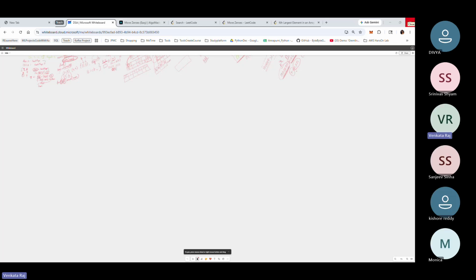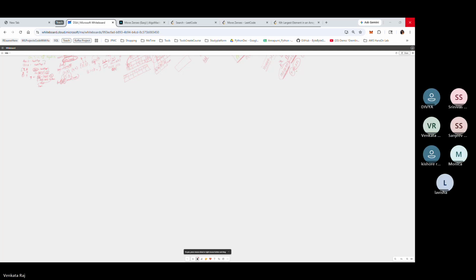Let's continue to see the advanced version of it, the optimal solution. In the last classes, there is an array which will have some zeros in it, and we will have to move the zeros to the end of the array, and the remaining should all be in the same relative order.